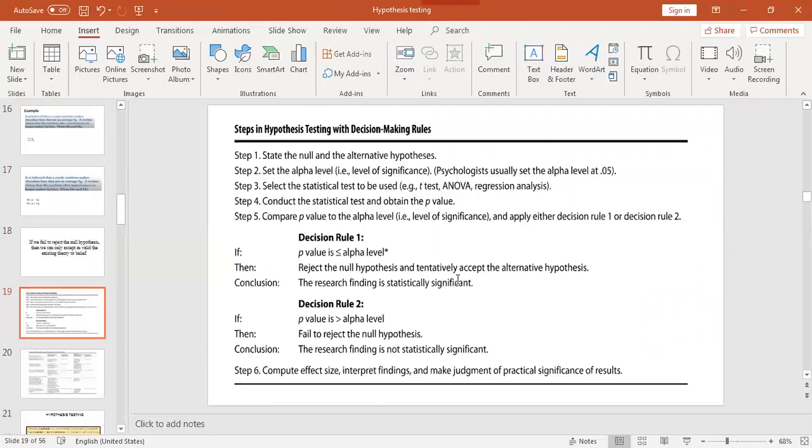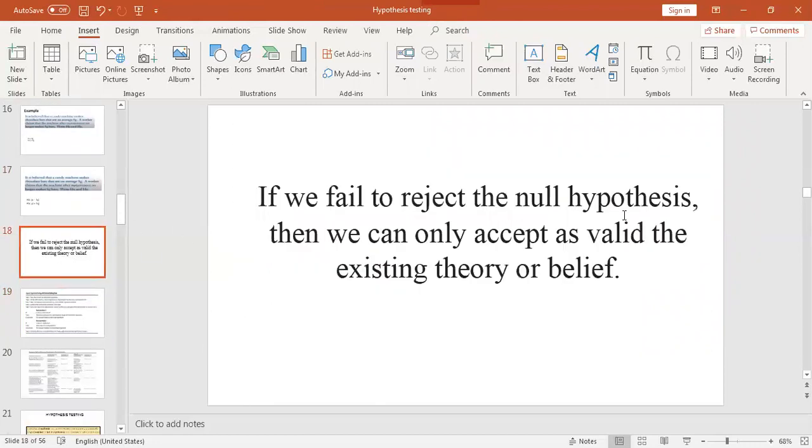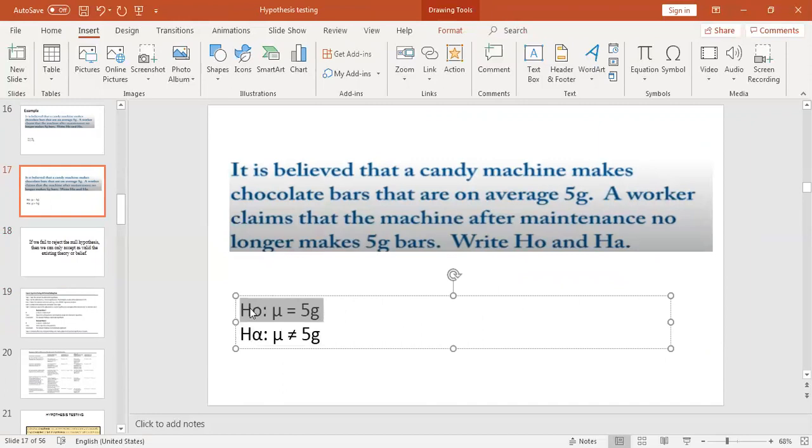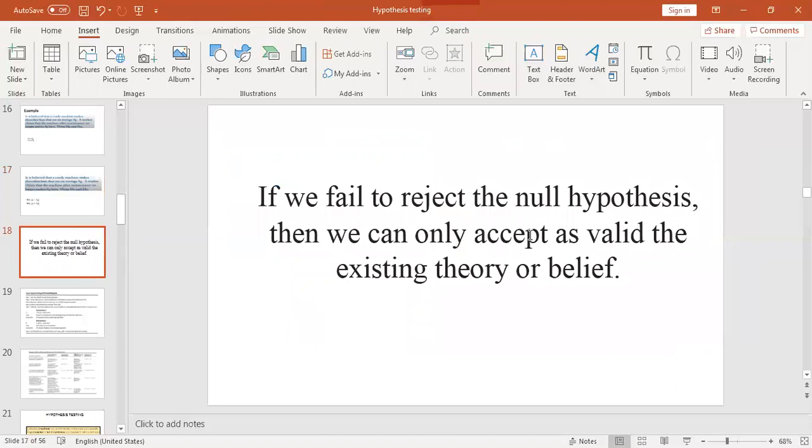So here it says, if we fail to reject the null hypothesis, then we can only accept as valid the existing theory or belief. So suppose that after we have conducted the hypothesis testing, if we fail to reject this particular null hypothesis, that means we have to accept the belief that has been held until now to be true as the accepted one.